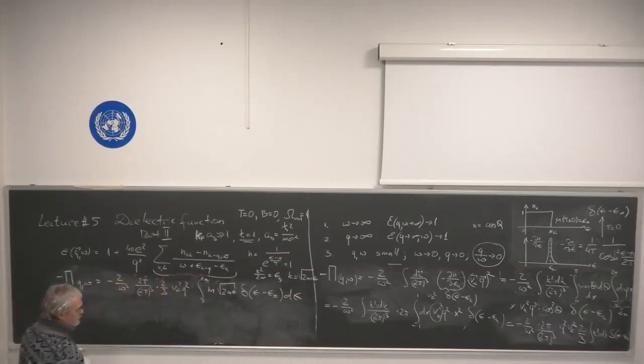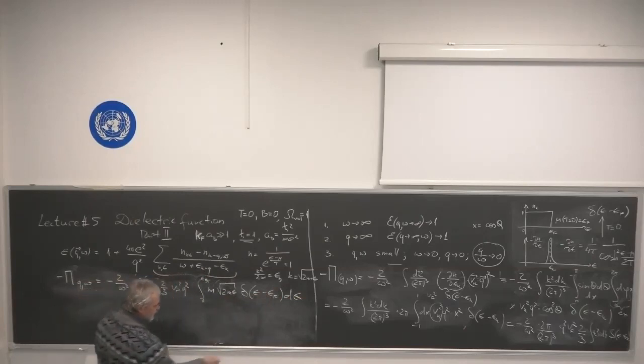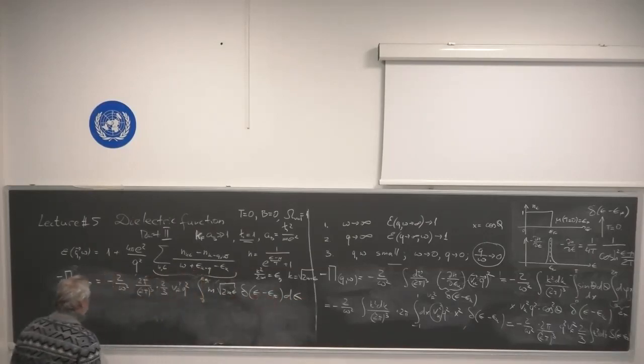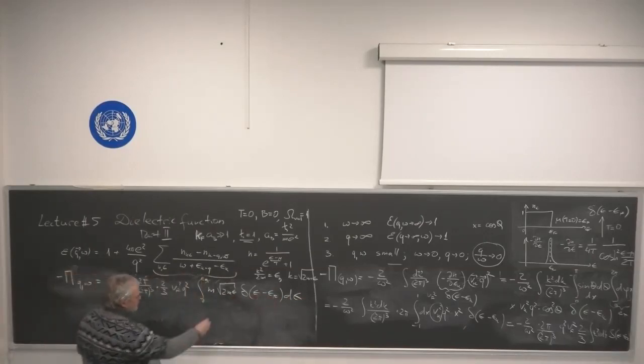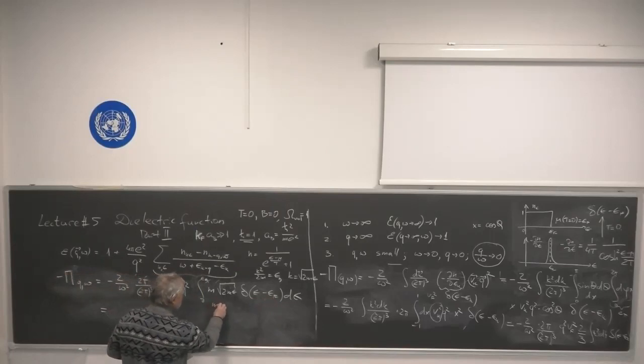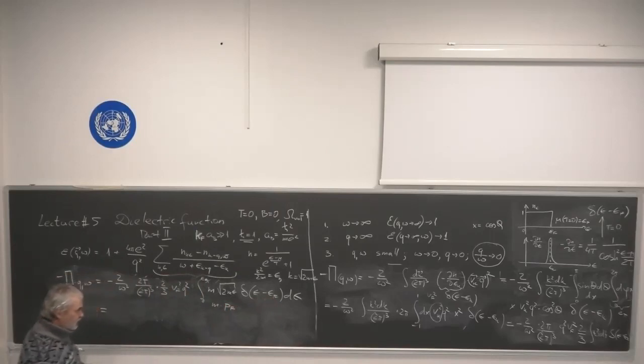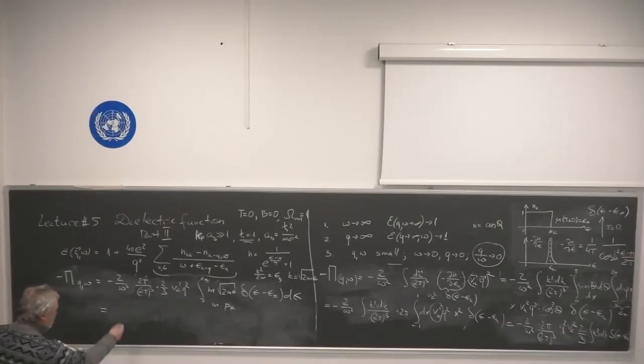So you see that this integral can be simply computed. The integral with the delta function is just equal to the function which stands in front of the delta function at the zero of the delta function. So therefore, this integral gives me m times p_F, Fermi momentum, nothing else. So let me now cancel out all factors.